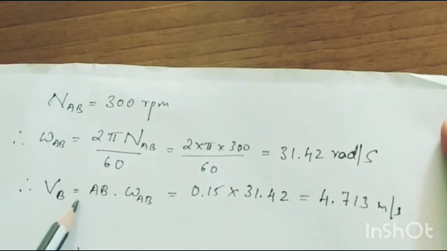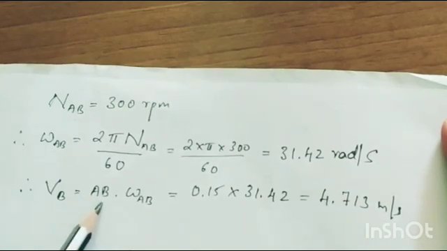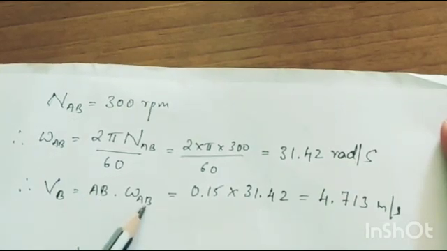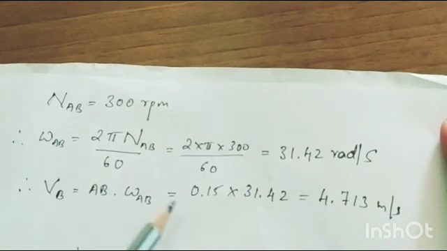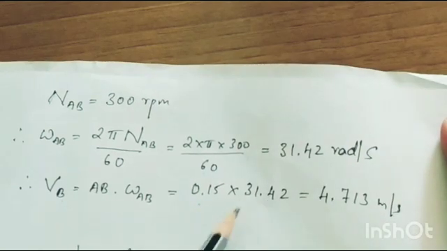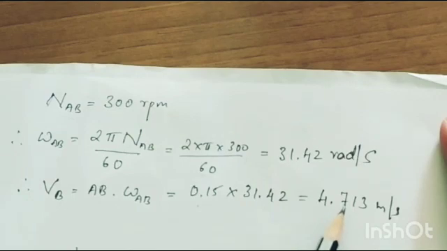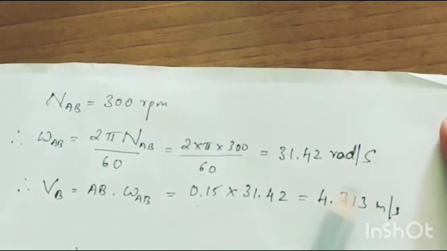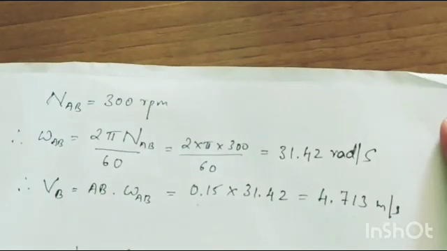So I'll directly write it: it is equal to the link length R into omega. The link length is 15 centimeter or 150 mm, converted to meters 0.15, into 31.42, which is equal to 4.713 meter per second. This is the value with which we have to start drawing the velocity diagram.